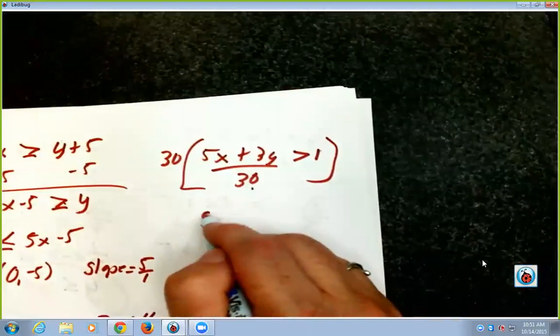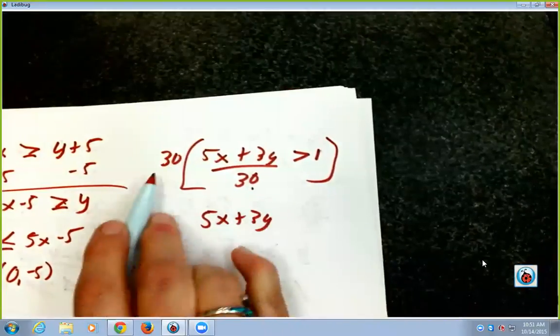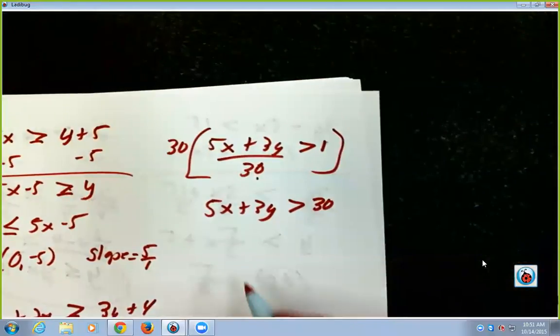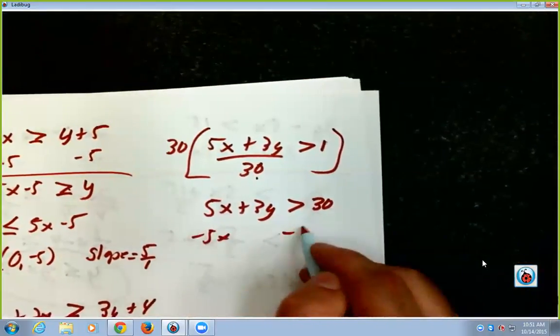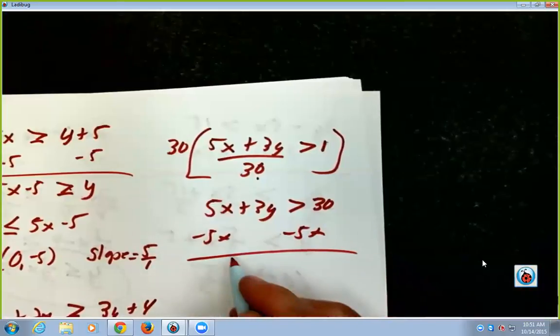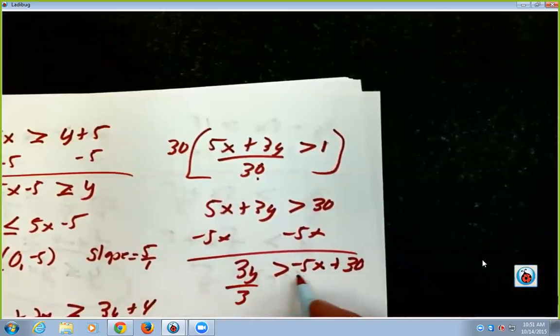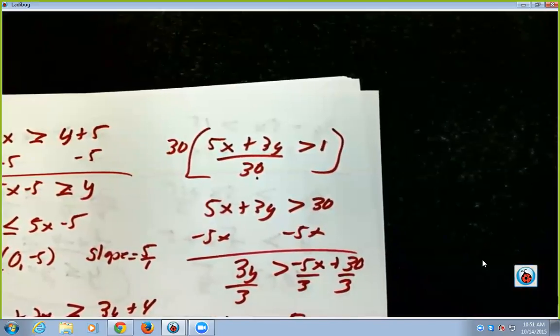These will cancel. 30 times 1 is 30. Move my 5x over. I get 3y is greater than negative 5x plus 30. Divide everybody by 3. So y is greater than negative 5/3 x plus 10.